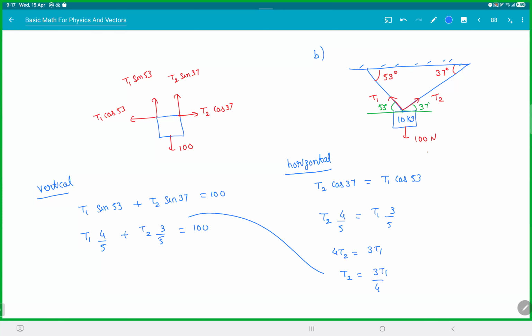I will take this and substitute in this. I can send 5 that side. This will be 4 T1 plus 3 T2, which becomes again 3 T1 by 4, is equal to 500. That is 4 4 is 16. 16 plus 9, 25. 25 T1 by 4 is equal to 500. We get T1 is equal to 80. If T1 is 80, then I put it back here, T2 will be 60. Please check.